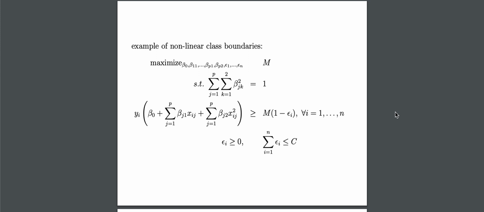What do you do? You add nonlinearities in the features, right? So here, for example, we have the features x_ij, and then we have x_ij squared.